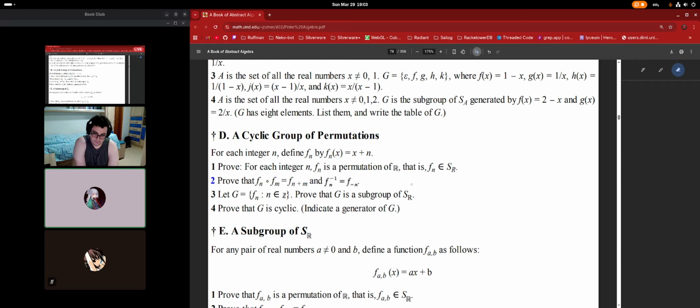Remember, n is an integer in this case. If you compose f with its inverse, you need to have 0 in this case, right? Yeah, because if you do f of n plus minus n, that's the same as f of 0, because you take x, add n, and then subtract n, so that just leaves you with x again.